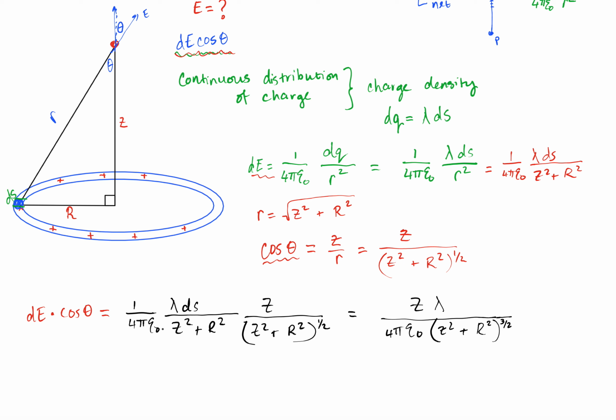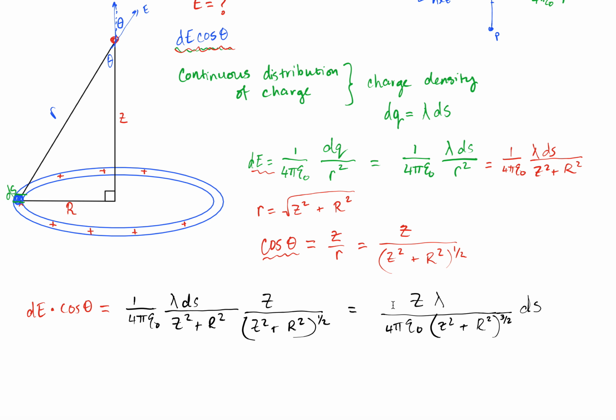I've got my constants down there, and then I'm going to pull ds, which you could write up top here, but I'm going to put it over here on the side, just so that I can see this is all the stuff that's being integrated, with respect to the little segment of the circle. All right, so at this point, I'm ready to actually show the integration.